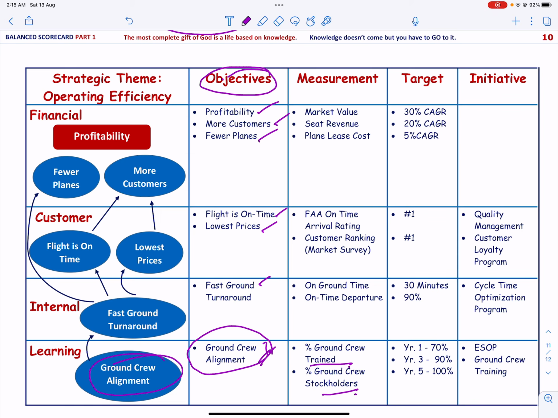This will be measured by providing ownership of stock to the employees. So the company will provide stock ownership of maybe 100 shares or 50 shares to its employees, so that they feel that they are the owners of the company.